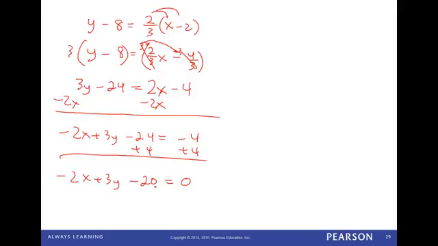Most textbooks would like the number in front of x to be positive. So what tends to happen, again with most textbooks, is they multiply through by -1 on both sides, leaving us with the final answer of 2x minus 3y plus 20 is equal to 0.